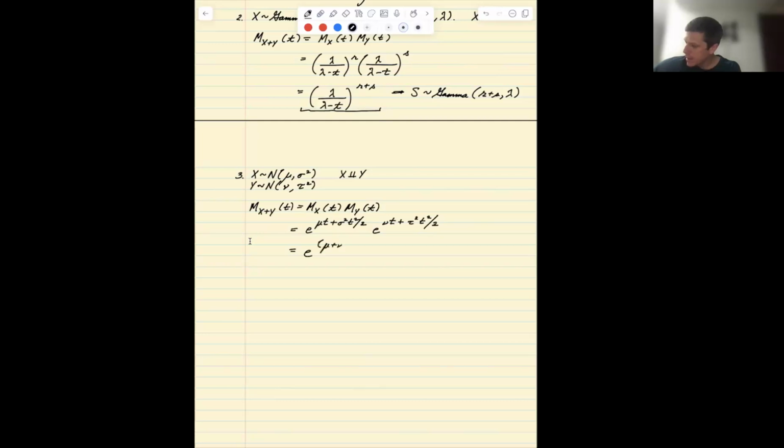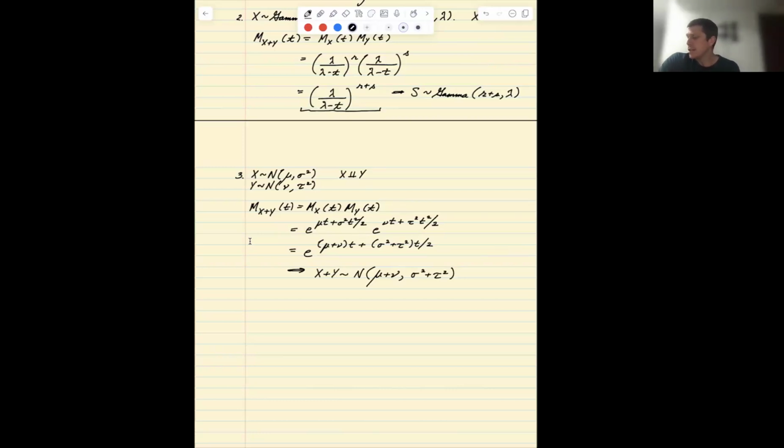The means add up and the variances add up. So X plus Y, this is exactly the moment generating function of a normal with mean mu plus nu and variance sigma squared plus tau squared.